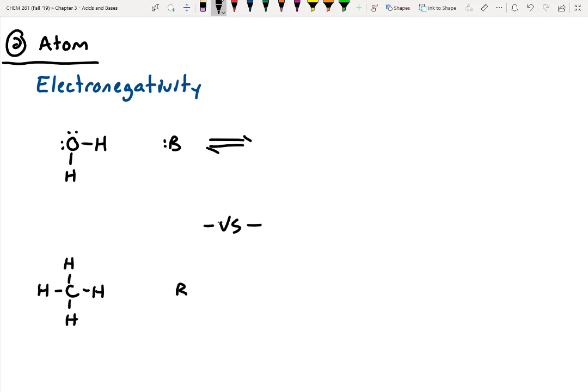That was the one that Susan was talking about. And we will again look at a few different examples. I like doing simple ones. We'll do water with the base versus methane with the base. All right, in each situation, we have a proton that theoretically could be given up.